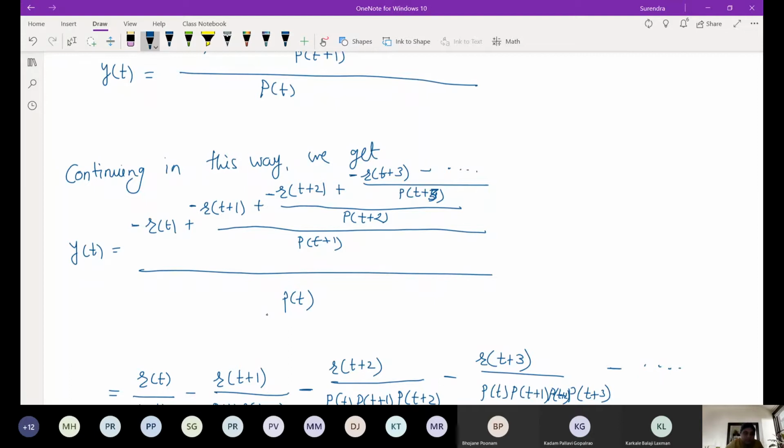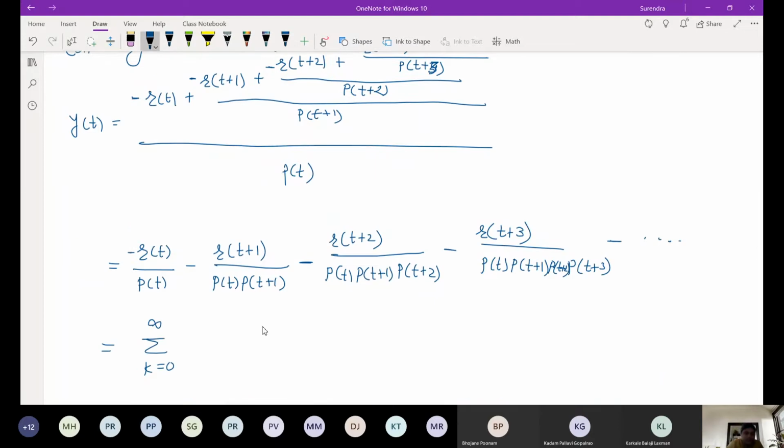So this will be minus RT upon P of T, minus R at T plus 1 upon this. This is right, okay? Now, is that right? So I can write this as minus R at T plus K divided by P of T into P at T plus 1 up to, where K is equal to 0 to infinity.